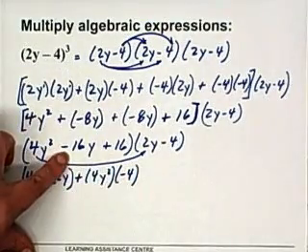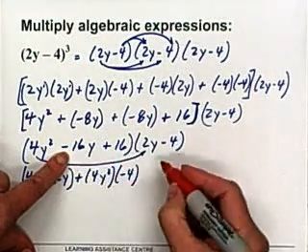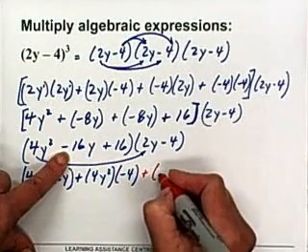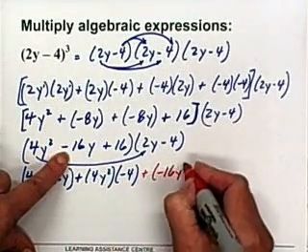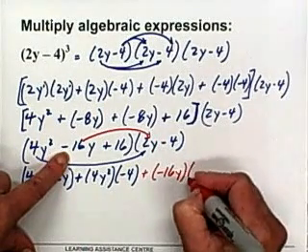Let's try a different colored pen. So we have, don't forget plus, minus 16y multiplied by 2y.